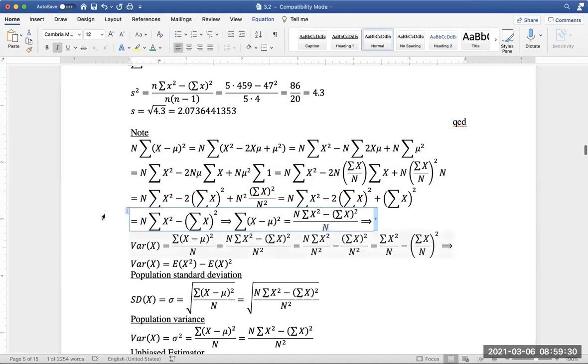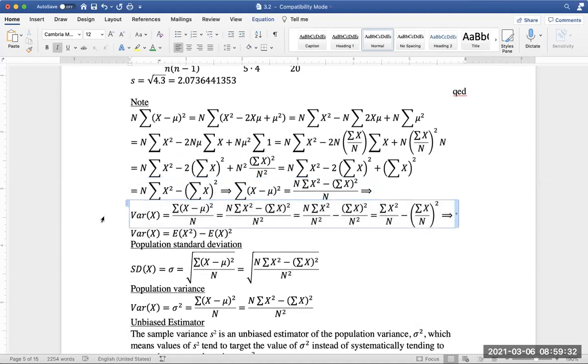So the variance is the sum of (x minus mu) squared over n. Of course, you don't know what the variance is yet, but in a second, I'll tell you what it is. So the sum of (x minus mu) squared over n is equal to n times the sum of x squared minus the sum of x quantity squared, over n squared.